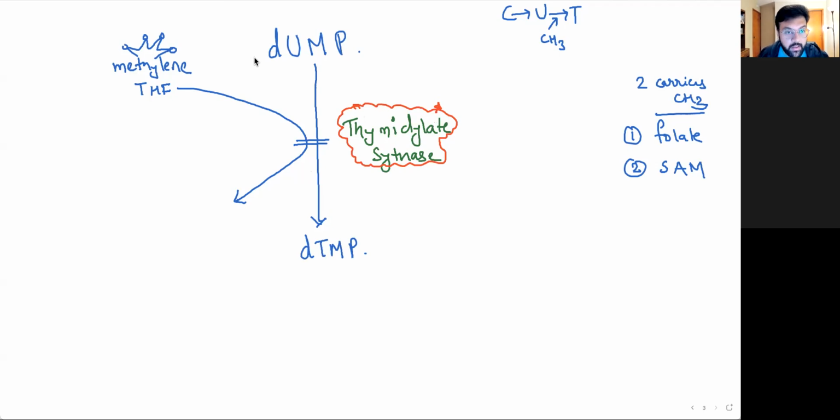And what is that drug? 5-fluorouracil. Excellent. 5-fluorouracil can inhibit thymidylate synthase. And there is one prodrug of 5-fluorouracil, which I'm not going to write down because I don't like the name of that drug. Capecitabine. Capecitabine is a prodrug of 5-fluorouracil that's similar in mechanism of action, going to inhibit thymidylate synthase.